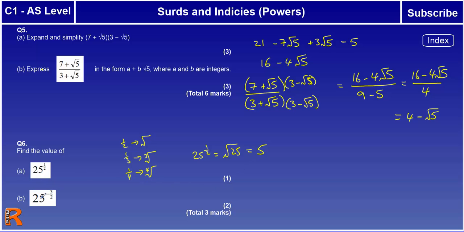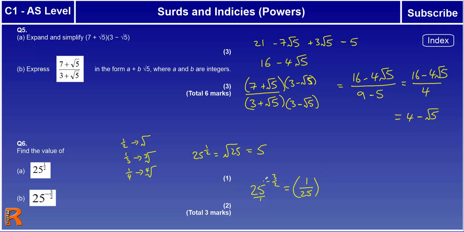Okay, and now we've got to do the same thing but with a minus power of a fraction. This is a bit trickier. So the minus means the reciprocal, so 25 to the minus 3 over 2. When it's a whole number, you do 1 divided by that number. If it was a fraction, we would turn the fraction upside down.